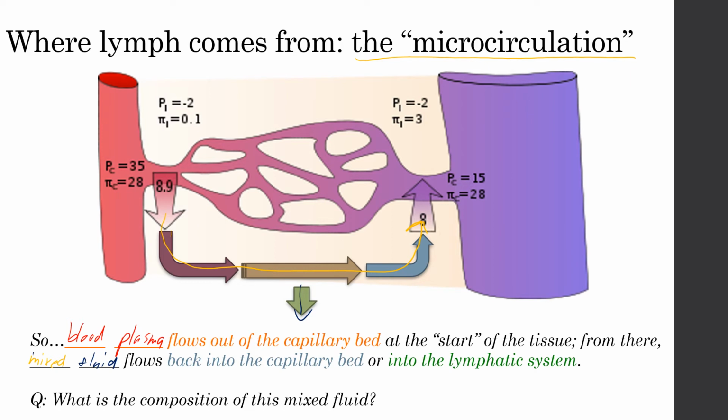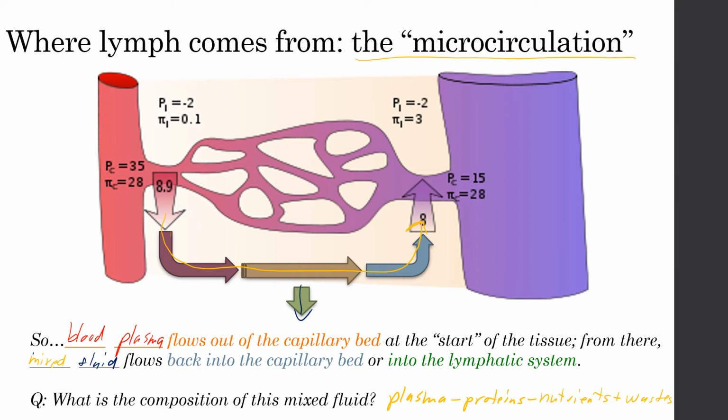So what is the composition of this mixed fluid? Well, it's got plasma. It's going to lose some proteins, but not all. Some proteins do make it out into the tissue. It's going to lose nutrients because the tissue is going to use up those nutrients, and it's going to gain wastes. Okay.